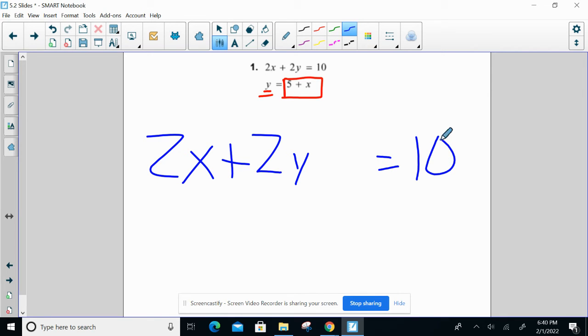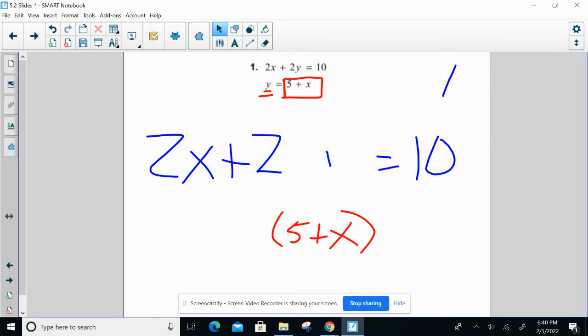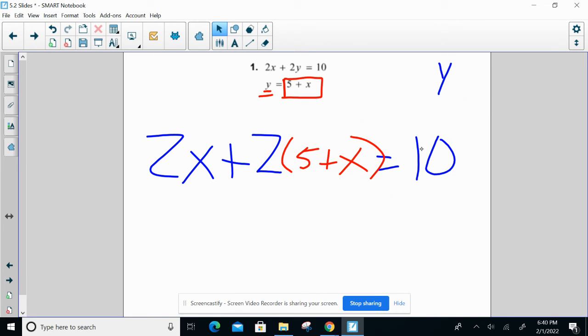Anywhere you see a y, I'm just going to hang it out here, you can replace it with that 5 plus x. Take that away. That was kind of cool. I didn't mean to do that. And put in 5 plus x.